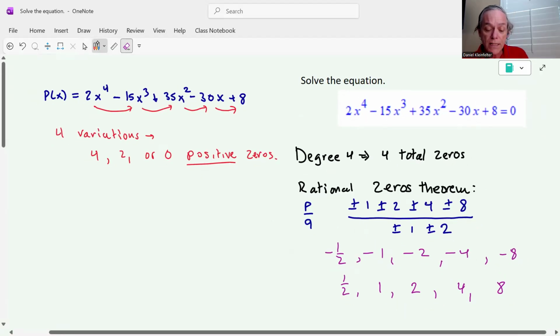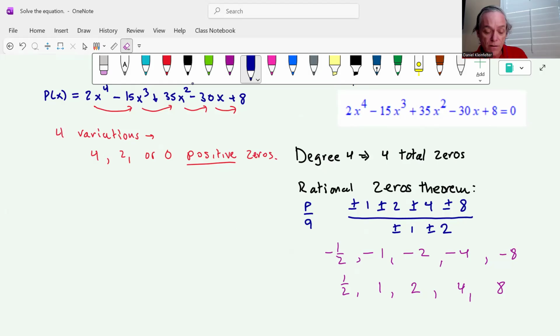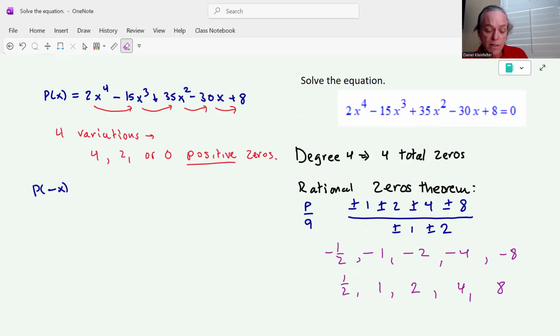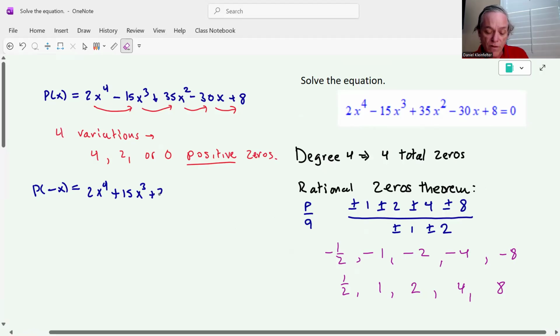But what we'll do next is we're going to find p of minus x, which will tell us about the number of potential negative real zeros. That will be 2x to the fourth power plus 15x cubed plus 35x squared plus 30x plus 8.